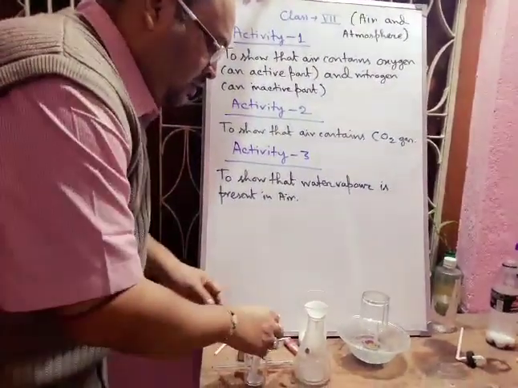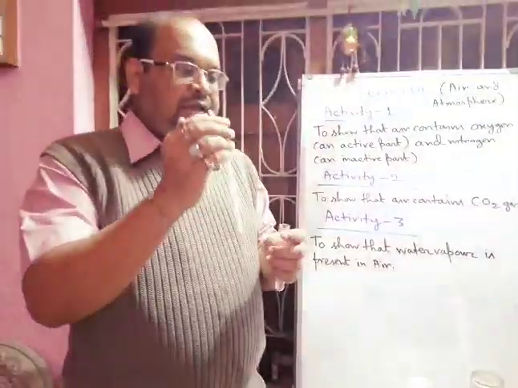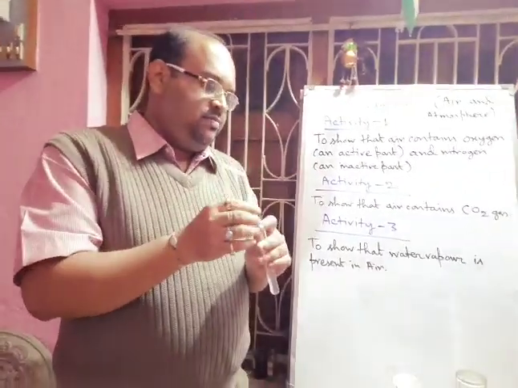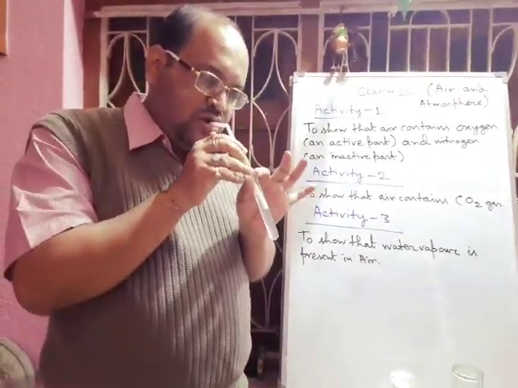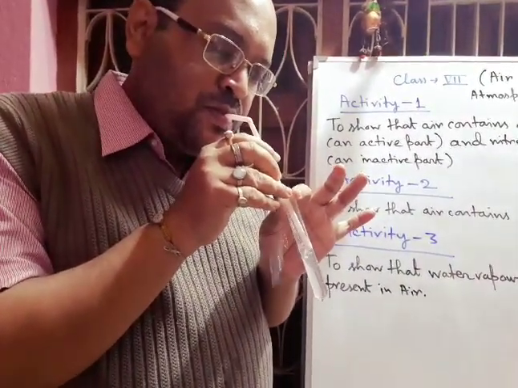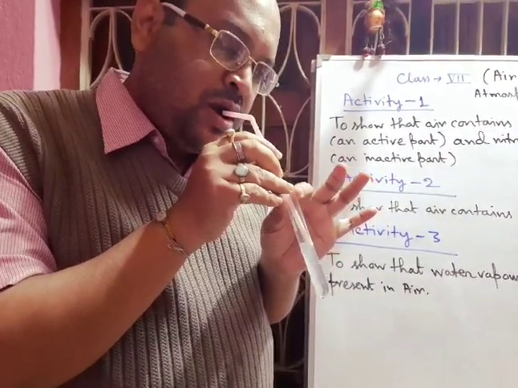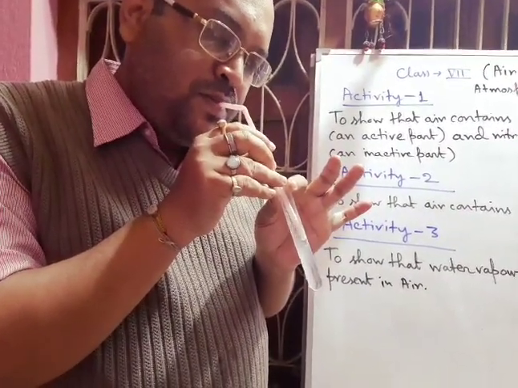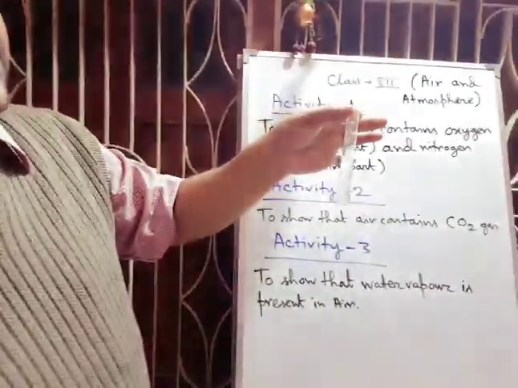Now what we have to do, we have to use a pump, and here I am trying by passing air from my mouth. Now you see that it is turning what?